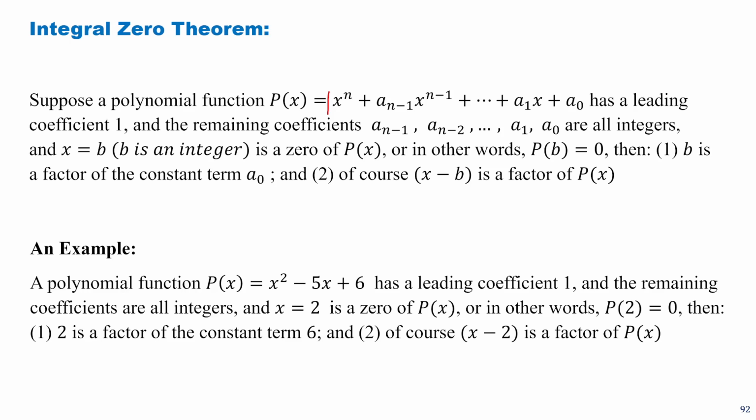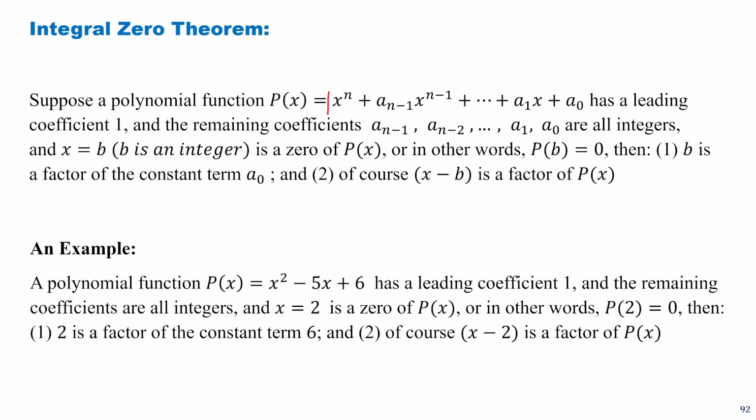And x equals b, where b is also an integer, is a zero of p(x). Or in other words, p(b) equals 0. This is according to the remainder theorem. Then we have the following two takeaways. First, b is a factor of the constant term a_0. And two, of course, if p(b) equals 0, then x minus b is a factor of p(x).